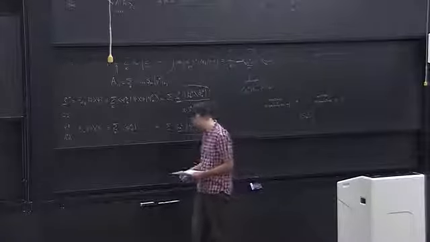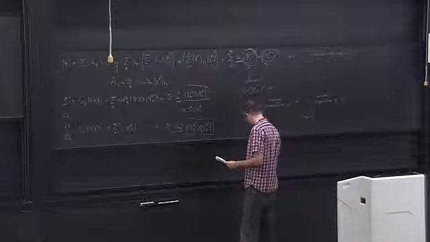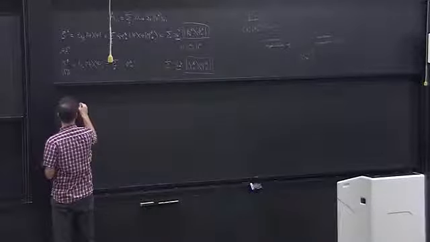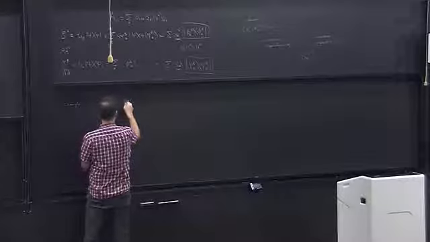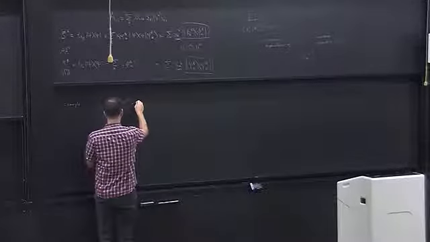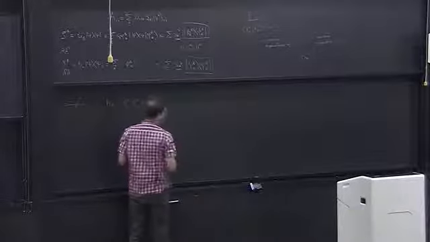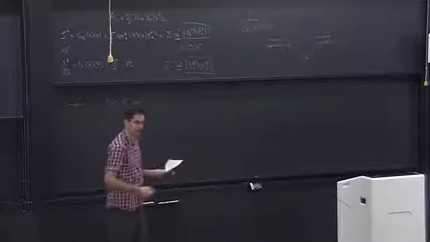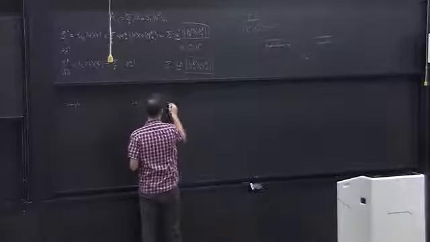So let's go to our examples. If we had a product state, then instead of saying the number of singular values that are non-zero is equal to 1, I'm going to say the Schmidt rank is equal to 1. Chi equal to 1, that's the Schmidt rank.